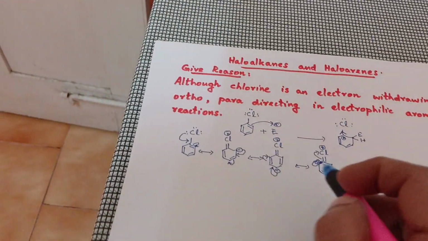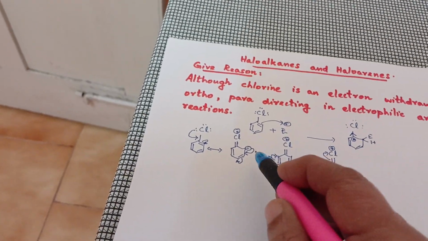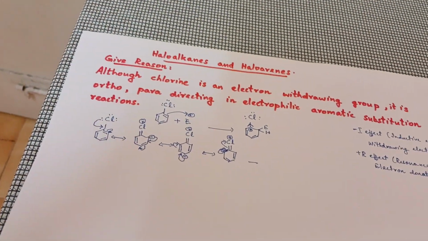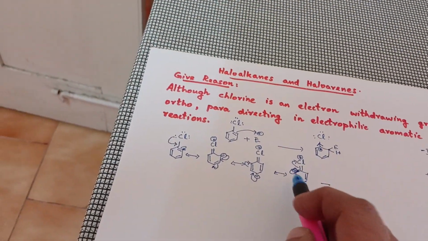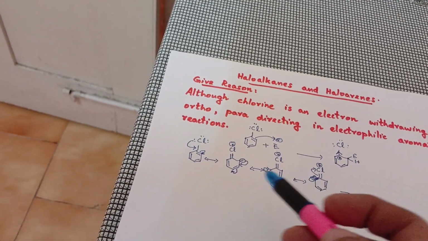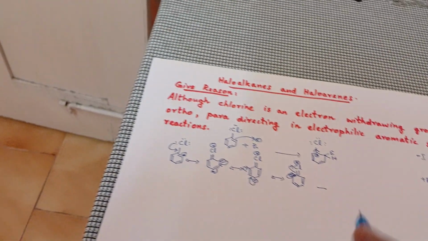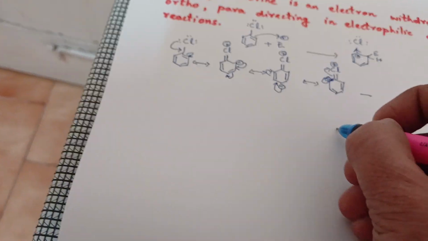The plus R effect is more pronounced at the ortho and para positions, thus making those positions more prone or vulnerable for electrophilic aromatic substitution, or the substitution reactions take place at those positions.